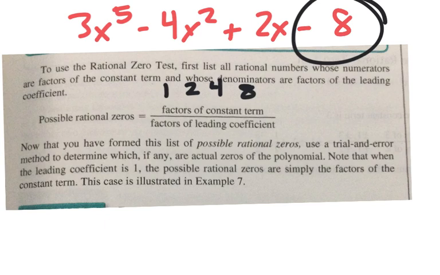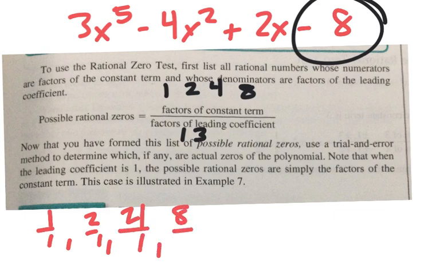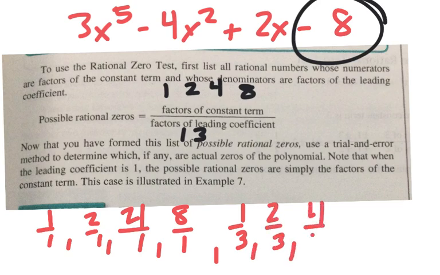Then the denominator, factors of the leading coefficient, that's going to be what all multiplies together to give me 3. That would just be 1 and 3. So all possible rational x-intercepts are at 1 over 1, 2 over 1, 4 over 1, 8 over 1, 1 over 3, 2 over 3, 4 over 3, and 8 over 3.